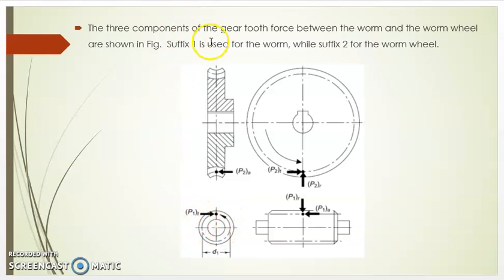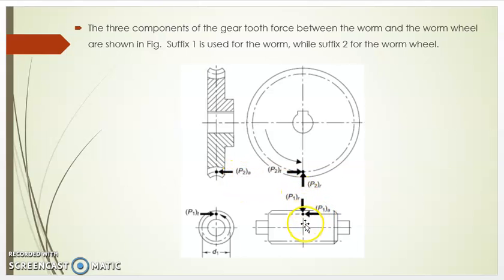The three components of the gear tooth force between the worm and the worm wheel are shown in the next figure. Suffix 1 is used for the worm while suffix 2 for the worm wheel. P1T is nothing but tangential force on the worm.